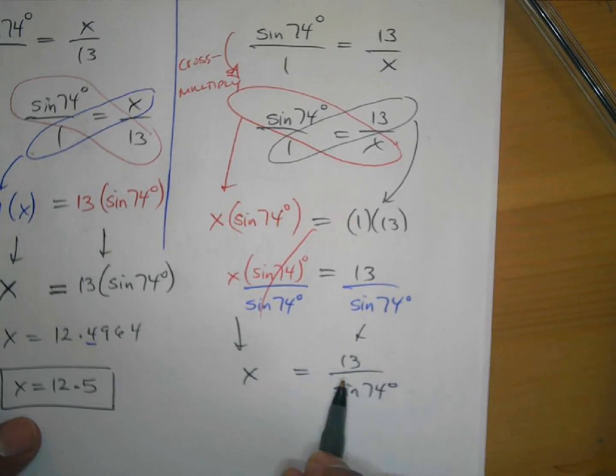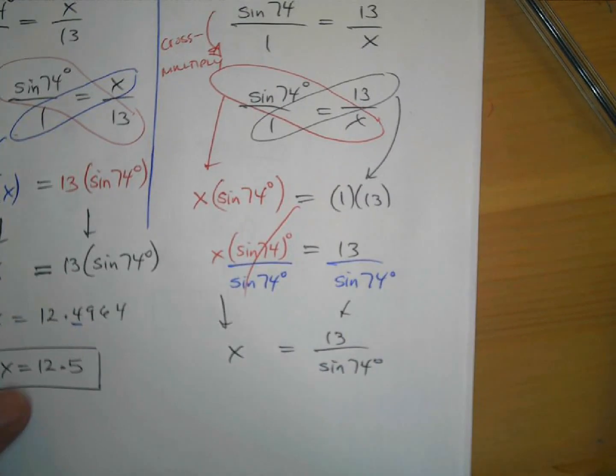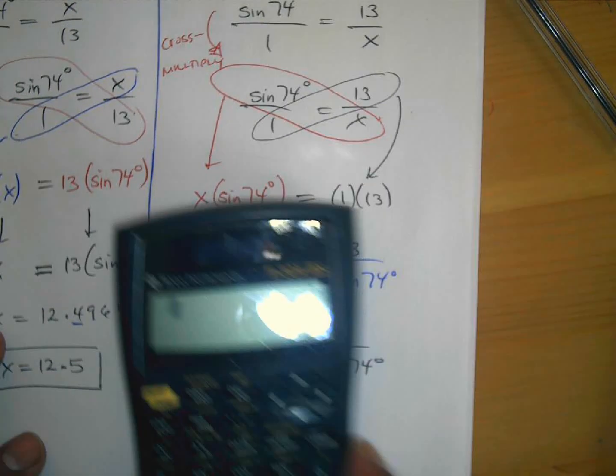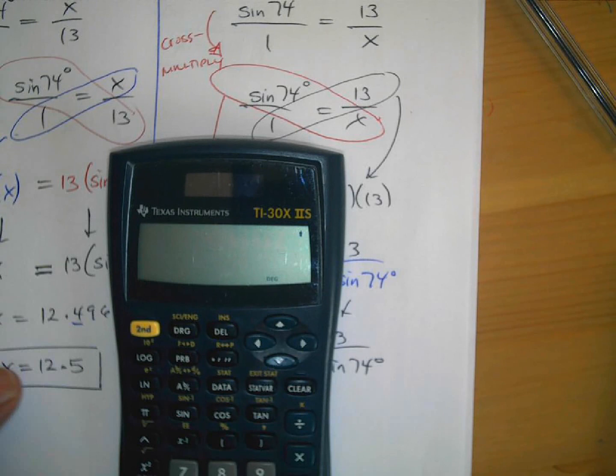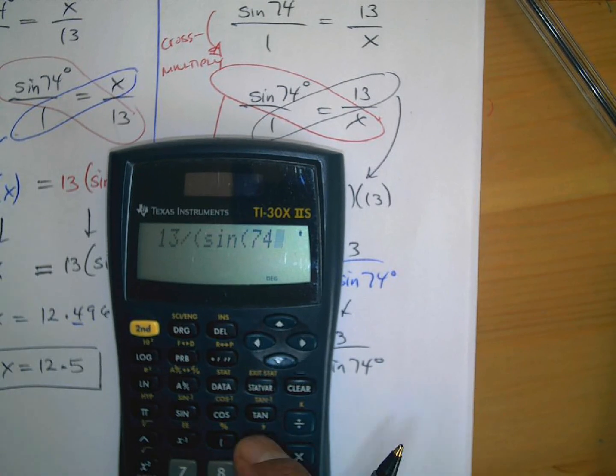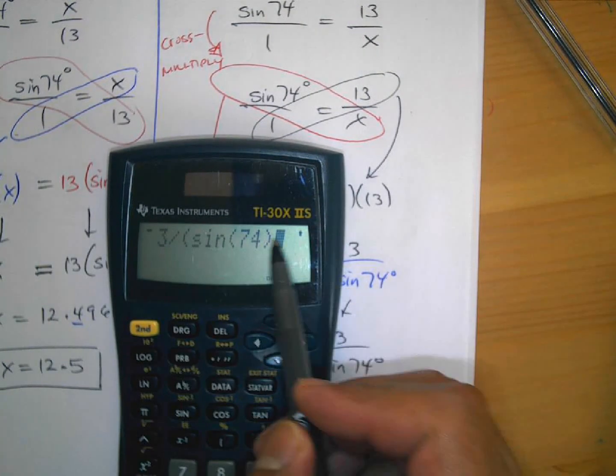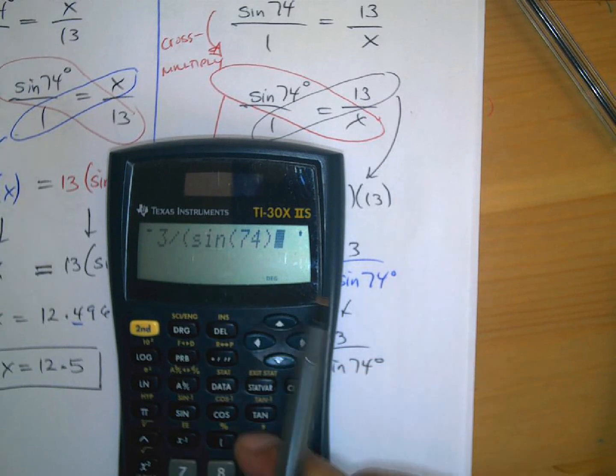And then the question is, how do you do this on the calculator? Well, again, if you have this calculator here, you can just put simply 13 divided by, I would use the parentheses, open parentheses, sine of 74. Close it for the 74 here, and close another one for the sine.